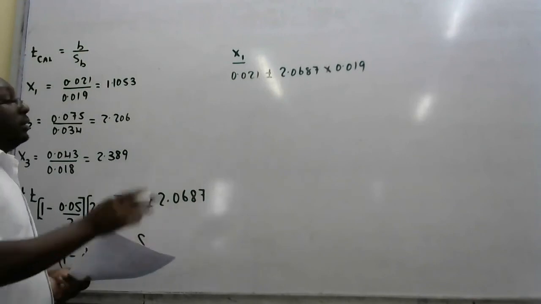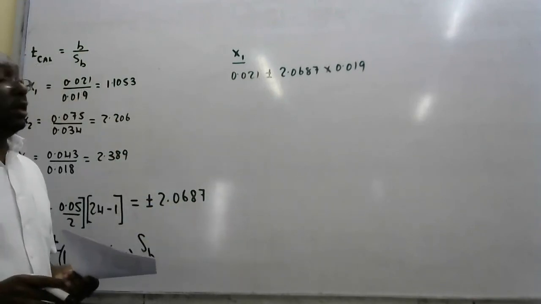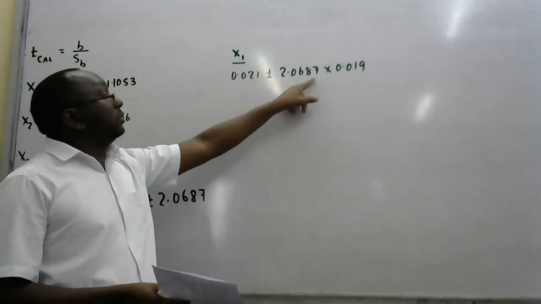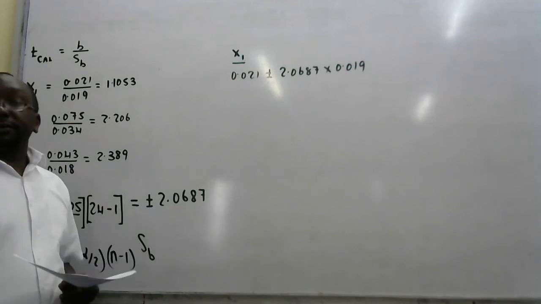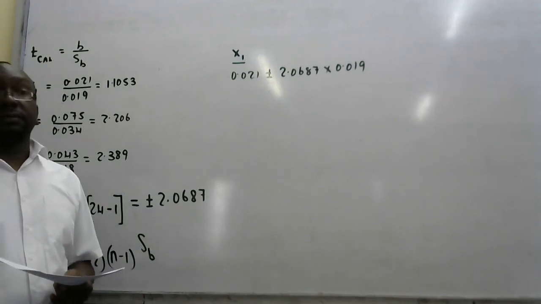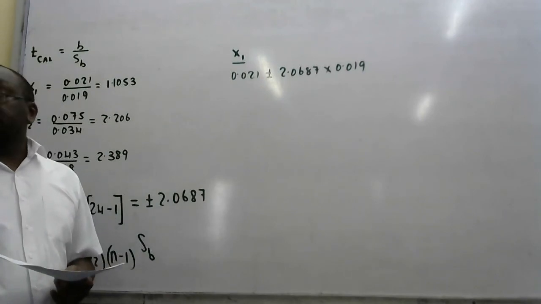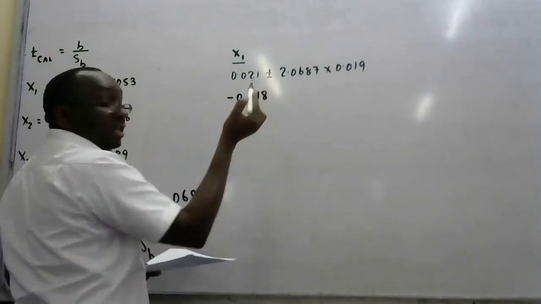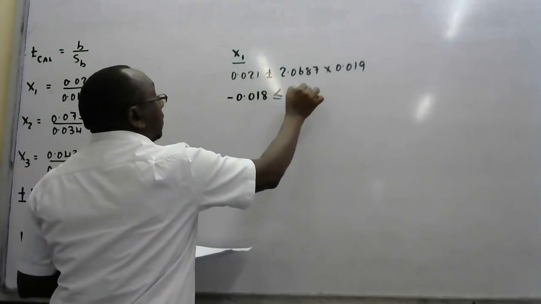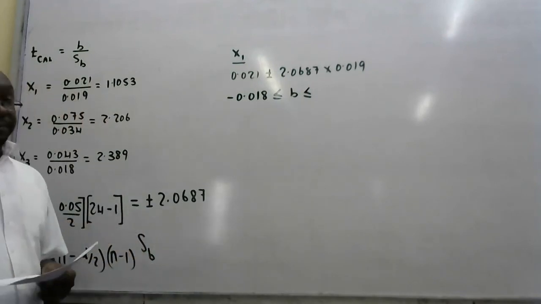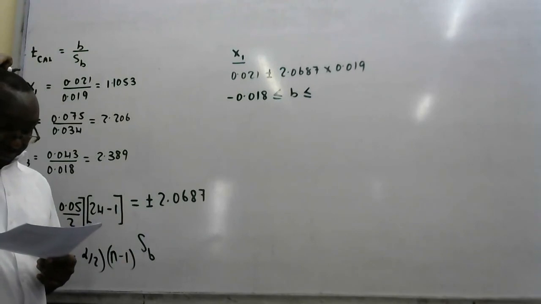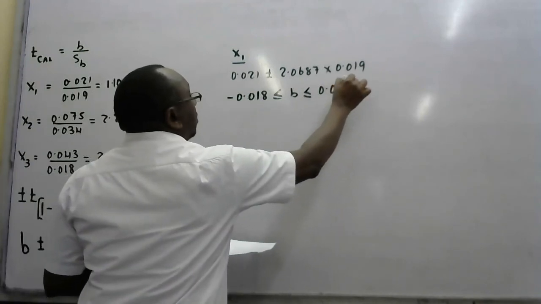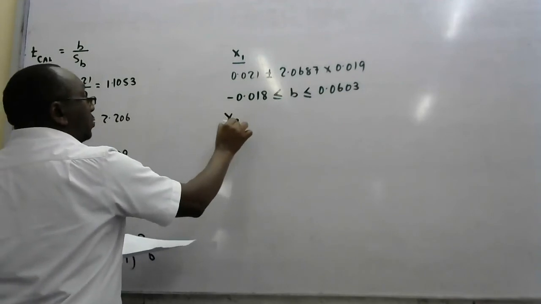Or if you are quick enough, give me the final result. 0.021 minus 2.0687 times 0.019 is negative 0.018, to 3 decimals. And on the upper side, 0.003.